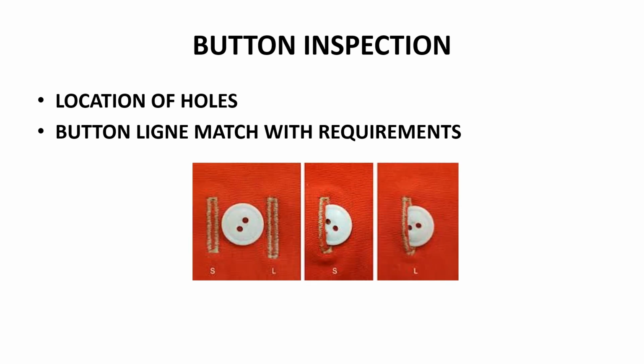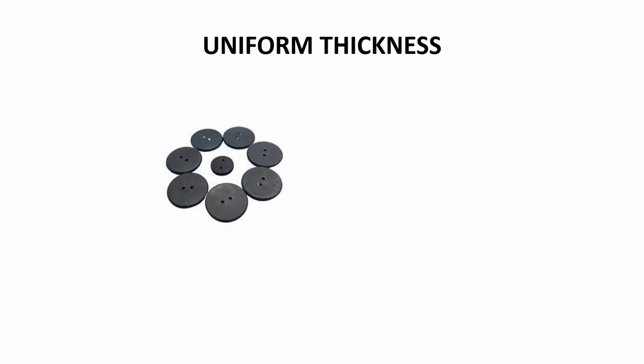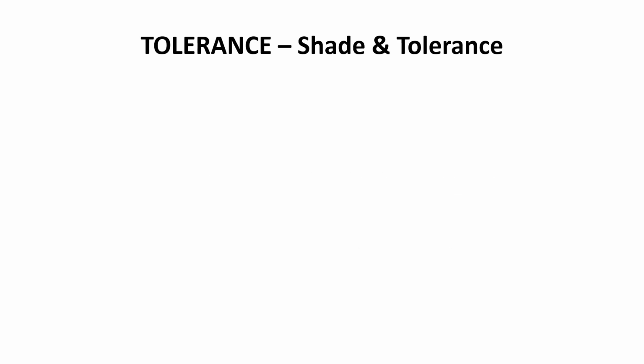What is the requirement and what is the line size in the button? That must be verified by the inspector. Then thickness is very important in the button assembly, and it is judged by a thickness tester or vernier caliper. There must be uniformity in the thickness of the buttons used in the garment assembly, so that must be inspected.